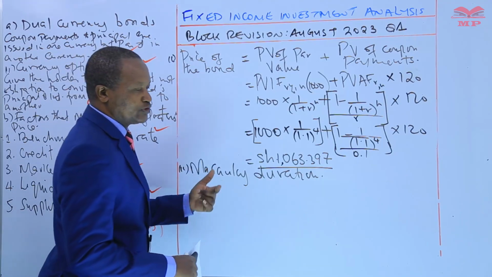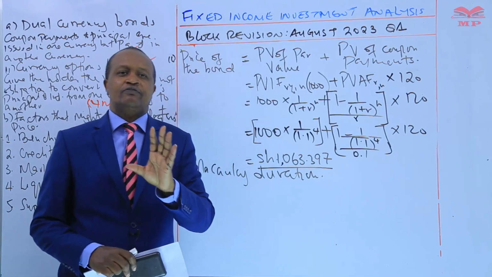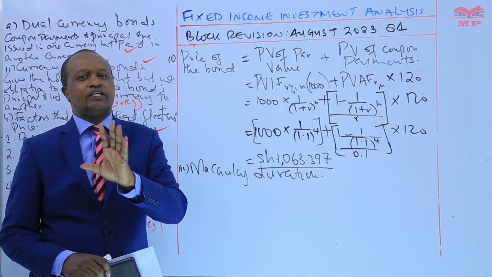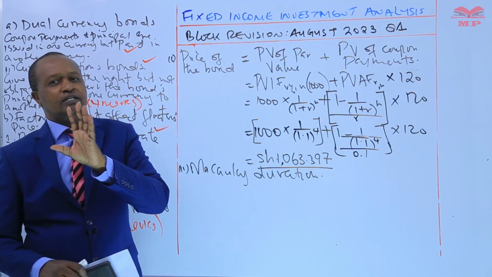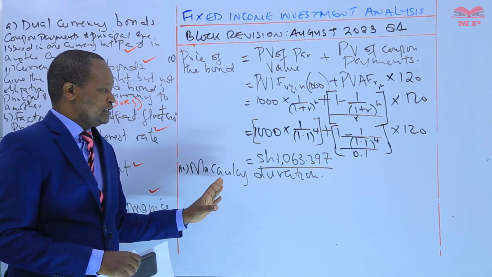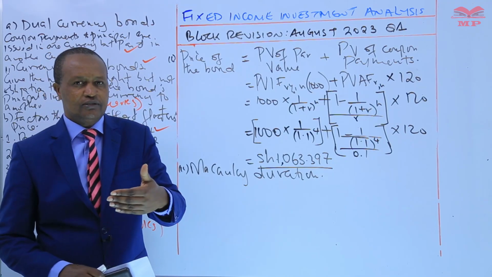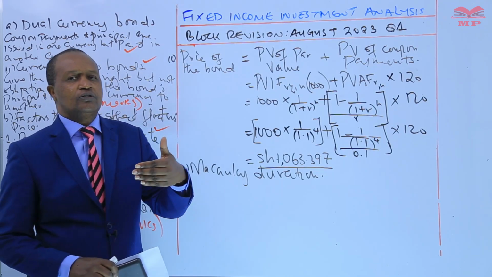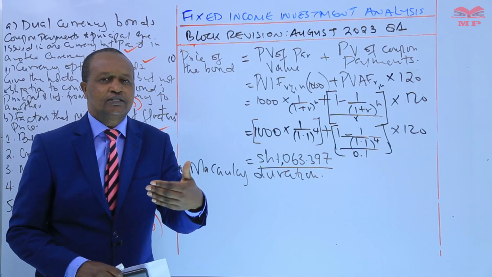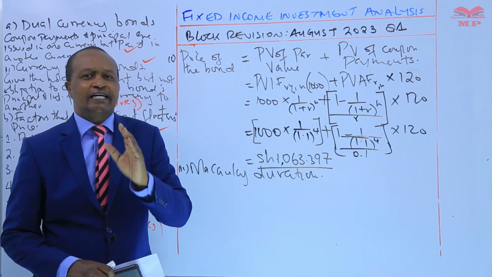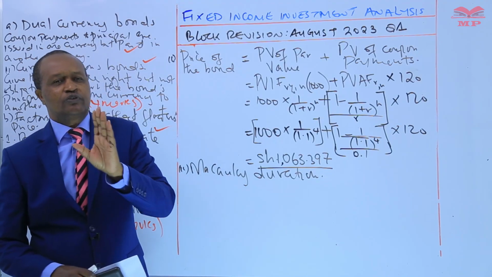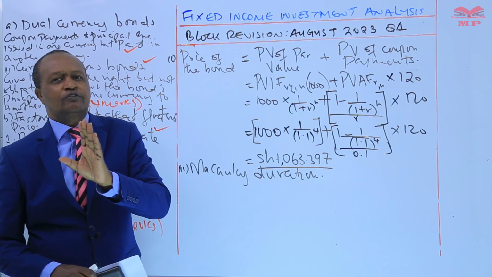So by that definition, candidates, you can tell the formula. I've said that Macaulay duration is a measure that helps us determine the average time it takes to receive all the cash flows from a bond.